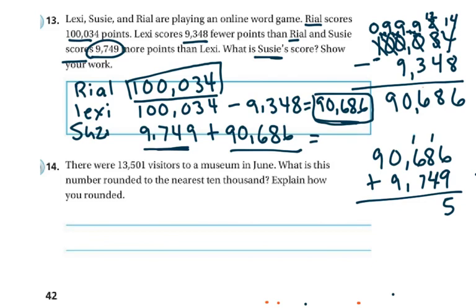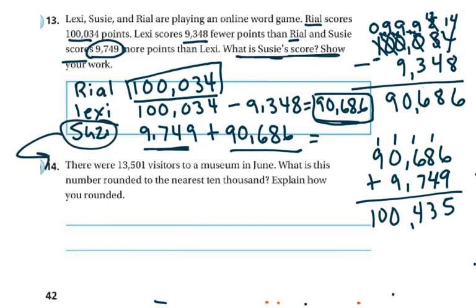Plus 1 is 13. Then I have 6 plus 1 is 7. Plus 7 is 14. Put my 1 up there. 9 plus 1 is 10. Carry my 1. 9 plus 1 is 10. So Susie, which was what I needed, that was my ultimate answer because it says, what is Susie's score? Susie's score is this one right here, 100,435.